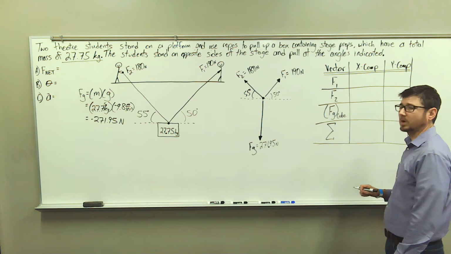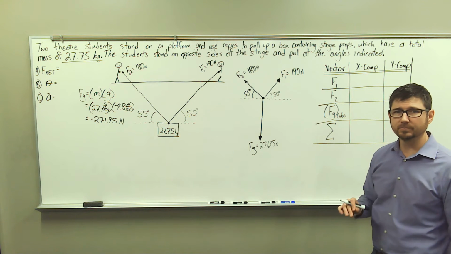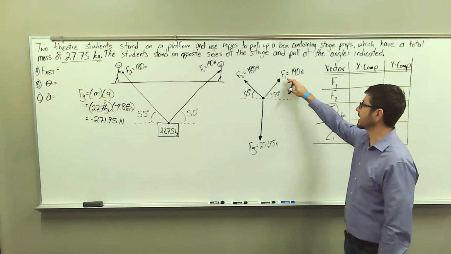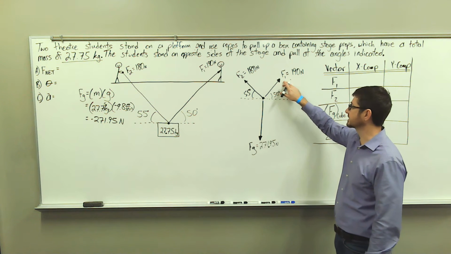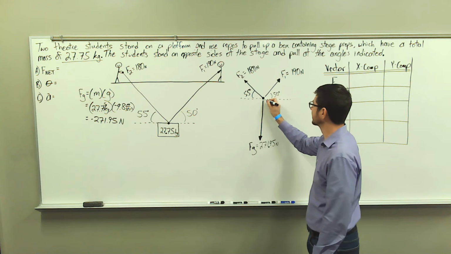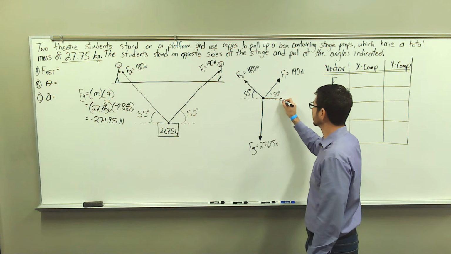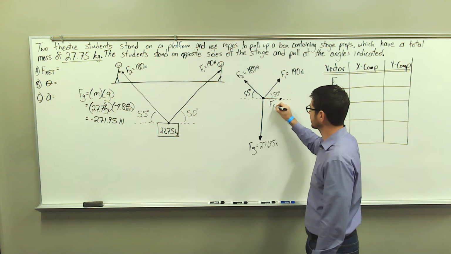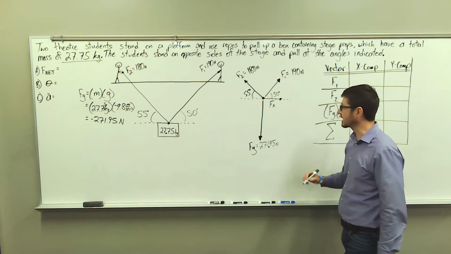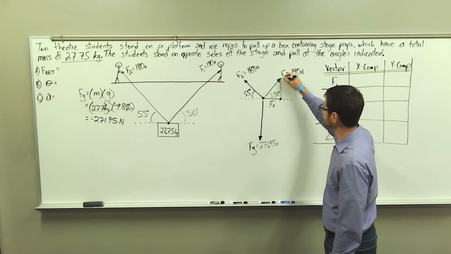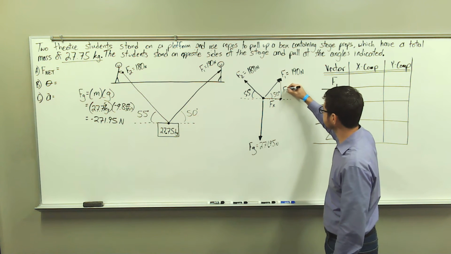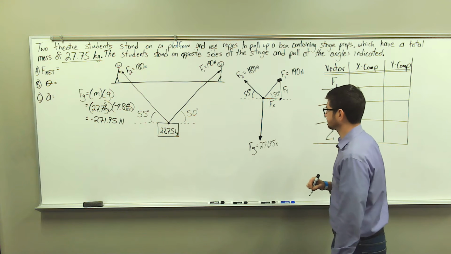So for force 1, we are going to use vector resolution to break our vector down into its x and its y component. So right here, we know that our vector has a force in the x direction and a force in the y direction. Okay?